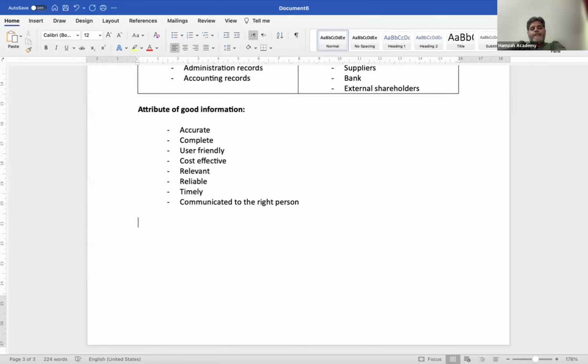For example, we have created a file of all the relevant students that we have here in the MA. Now, if I ask my coordinator to give me the name, contact numbers, and the email addresses of all the students, ideally the best way to present this document is in tabular form.